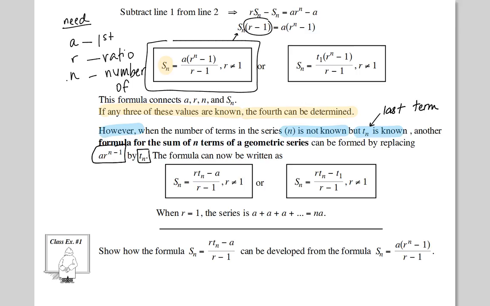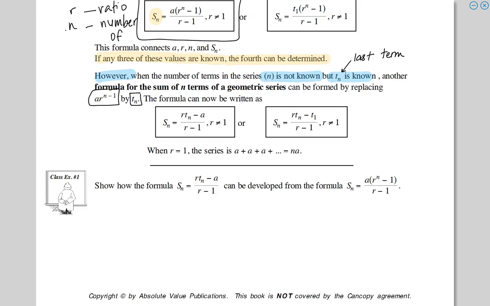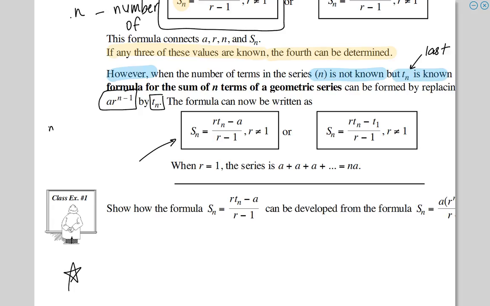So again, they just do some little clever algebra, which we'll actually show down here, to get this other formula here. So for this formula down here, you need R, the ratio, Tn, the last term, and A, the first term.